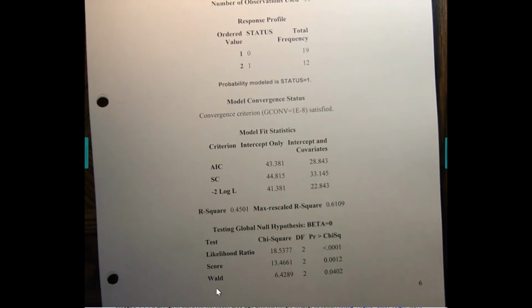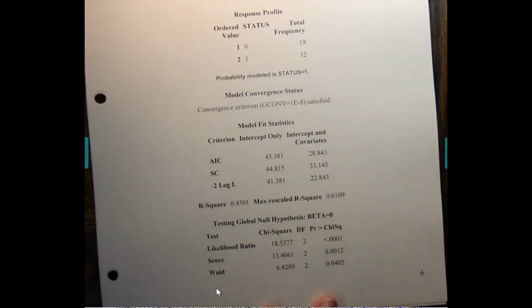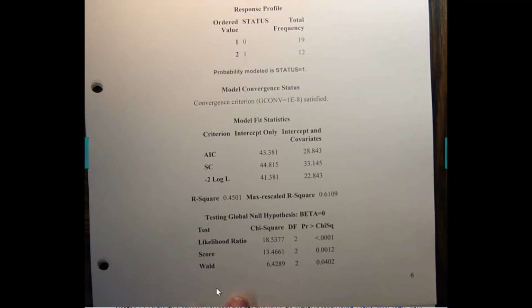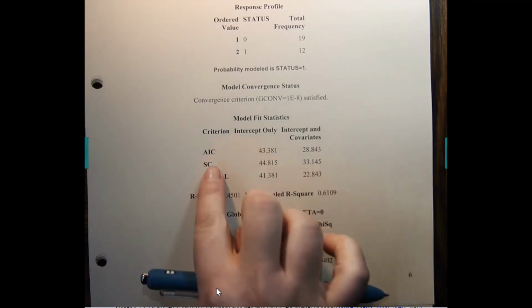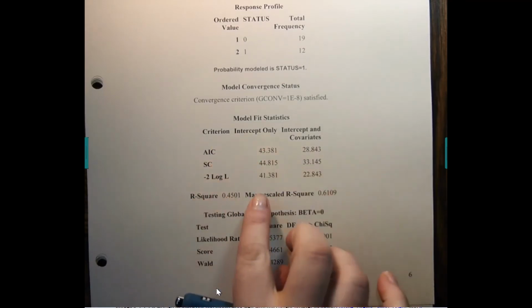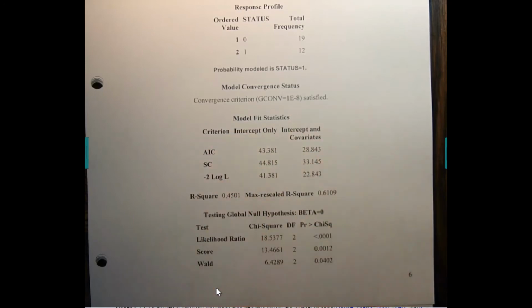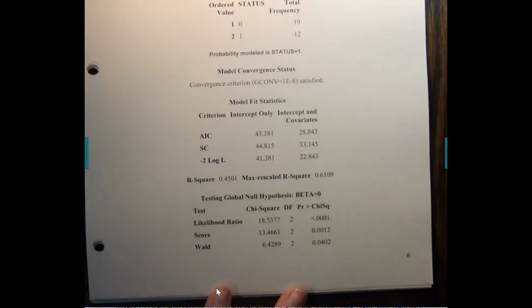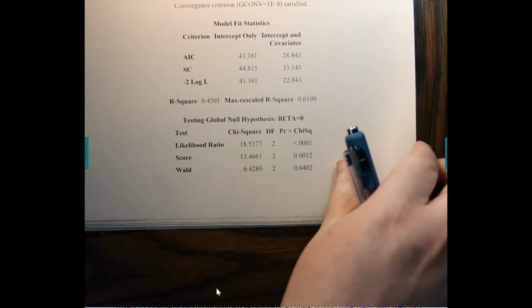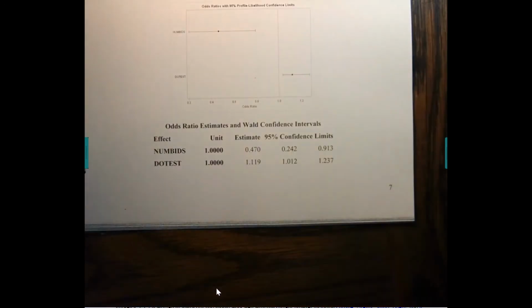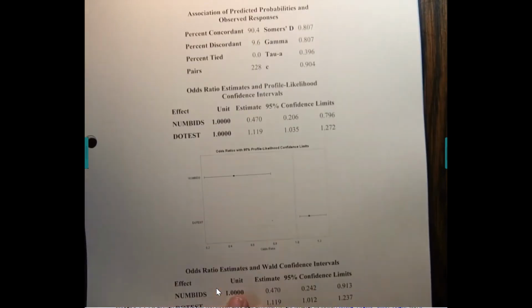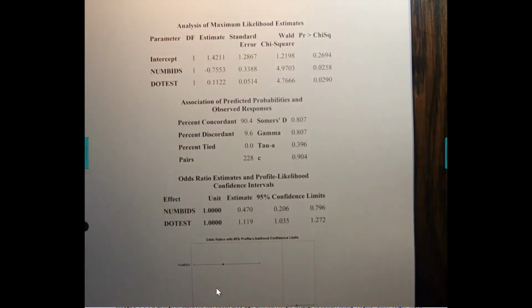I'm going to kind of just go through the output, but we'll come back to it and look at it more. So here is the output in terms of your model fit here. You've got some AIC, SC. You can ignore these for right now. These are just statistics that help you measure how well the model fits the data. Down here at the bottom, we've got some different tests, and we're going to come back to this. Looking at page 7, this is going to look more familiar to what you've seen before.